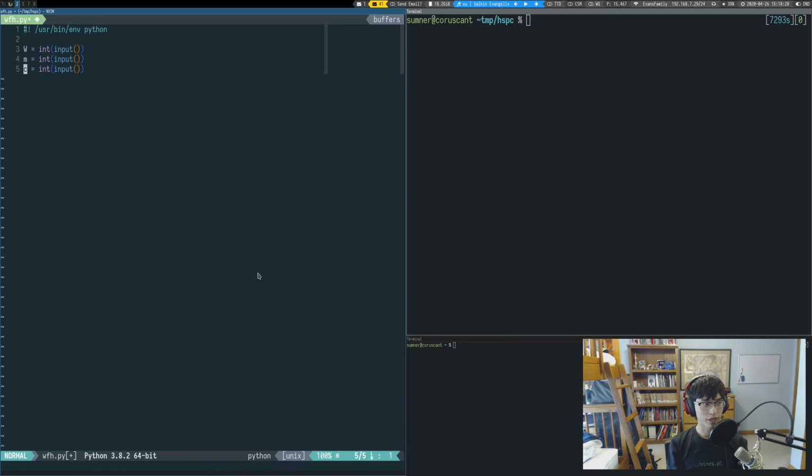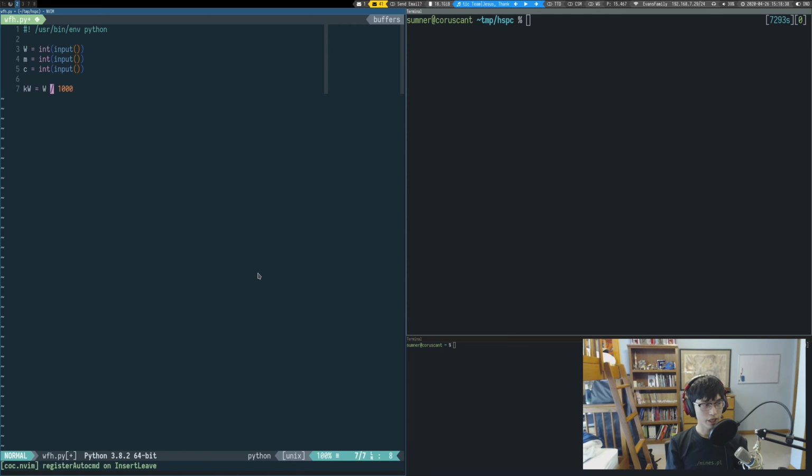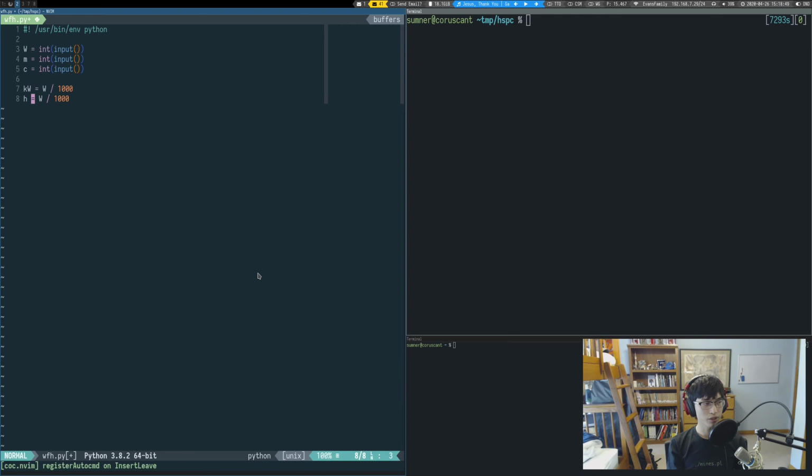The first one we need to convert to kilowatts from watts, and that's just going to be kilowatts equals watts over 1000. And we want to use floating point division so that we have fractions. Then we have M, which needs to go to hours, and hours is minutes divided by 60.